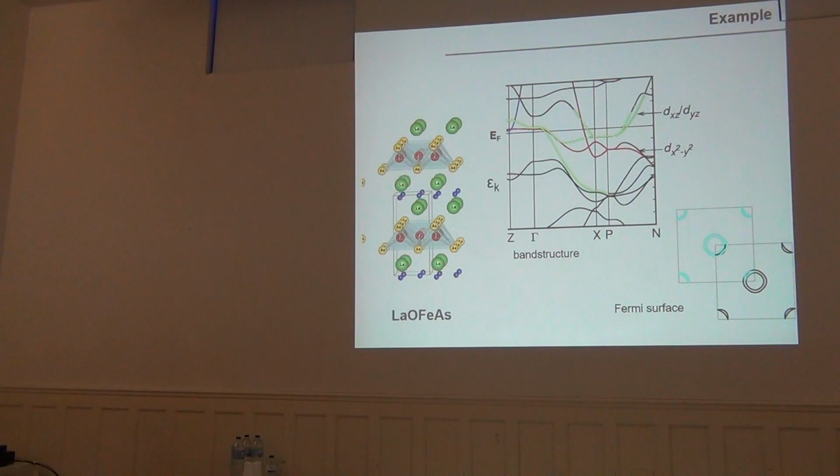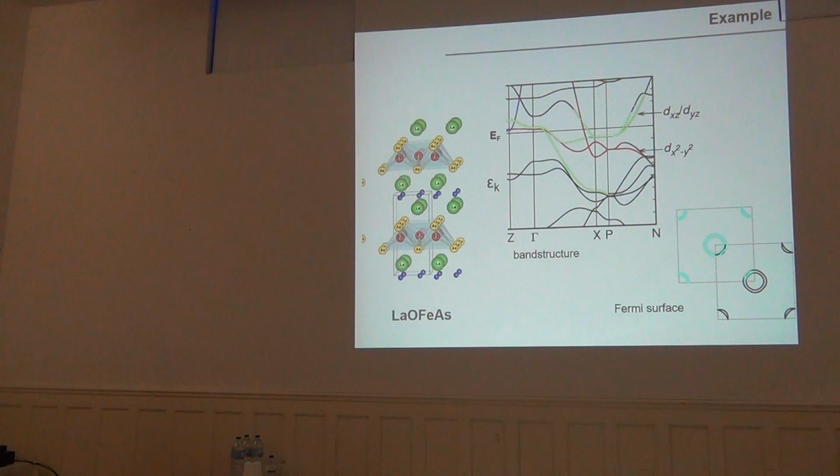You can use the word degeneracy if you want, but if it doesn't cost you energy, then this scattering is going to be important. Then the system goes into a magnetic phase which has exactly this.